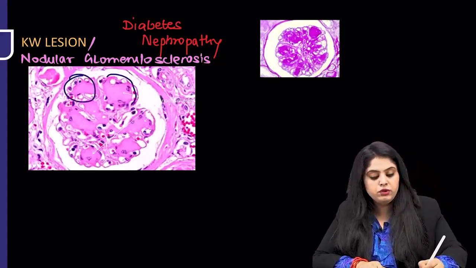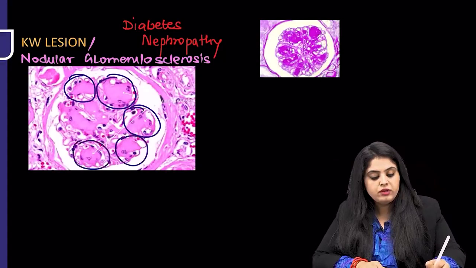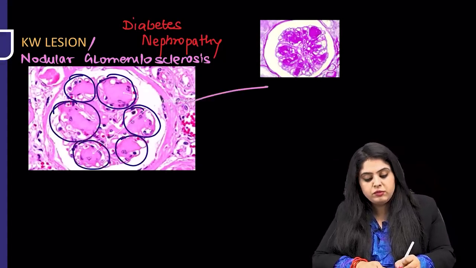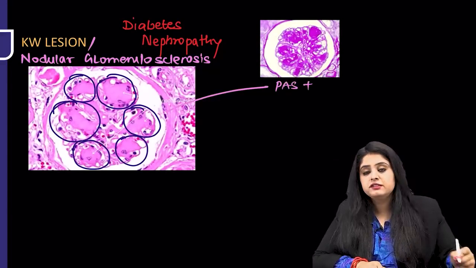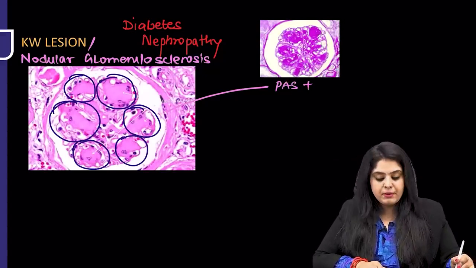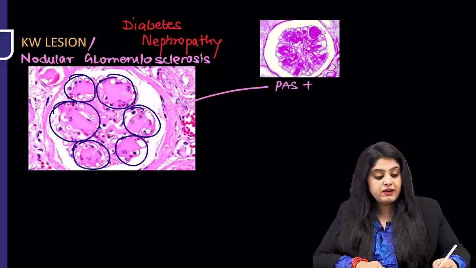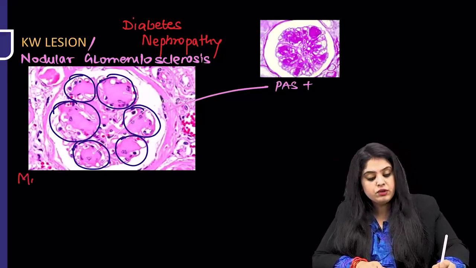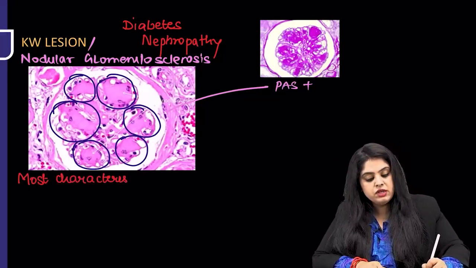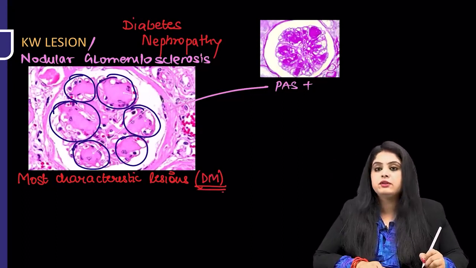The nodule that is forming, that is nodular glomerulosclerosis. So they ask you that this is positive for what stain? This is PAS positive. Very important. Why am I emphasizing on it? Because nodular glomerulosclerosis is the most characteristic lesion that you have in diabetes.